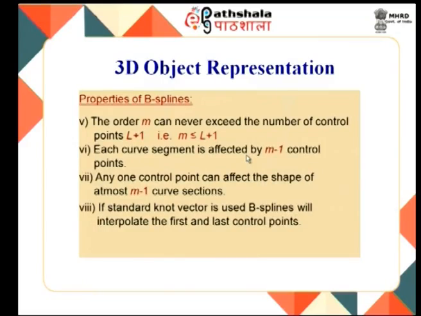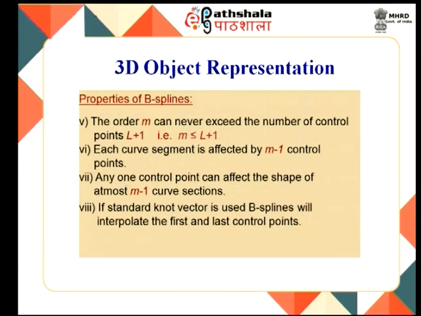An important point to understand is the local control property: each curve segment is affected by m minus 1 control points. That means if the order that we are using for the curves is 3, that is we get quadratic curves, we can observe that 2 control points will be affecting a curve segment.